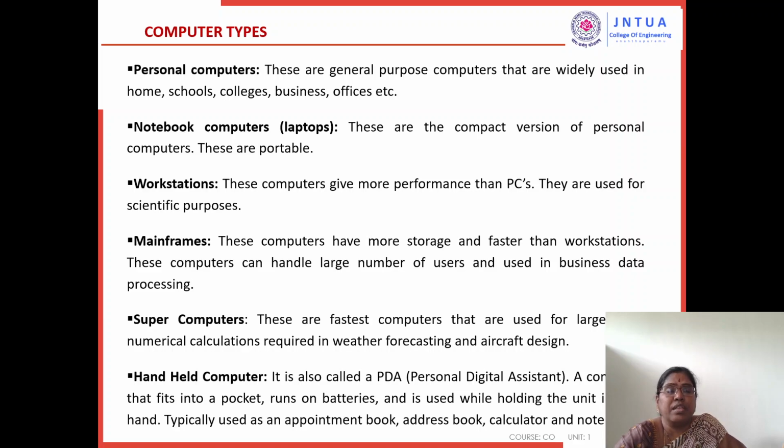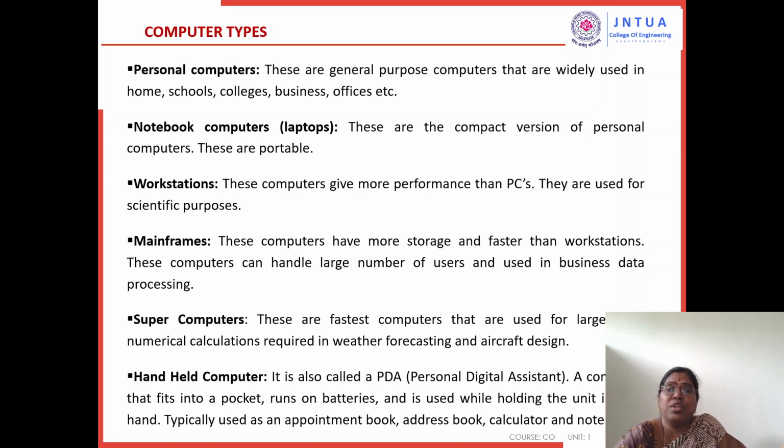The speed of the system is higher, and they are used for scientific purposes and in some companies. Mainframes are computers with more storage and faster than workstations; those types of computers we call mainframes.